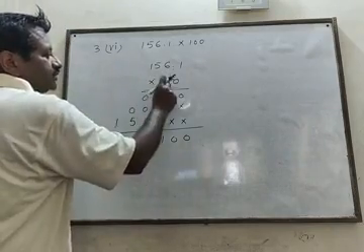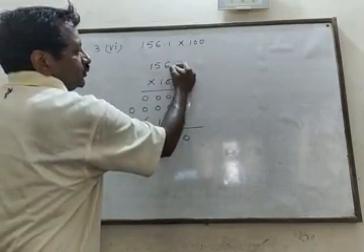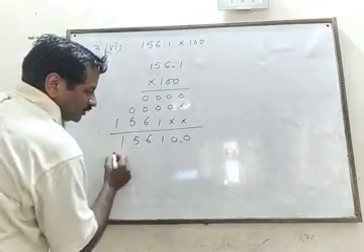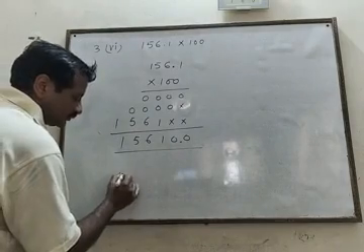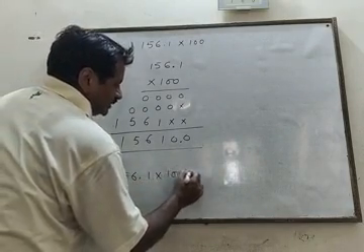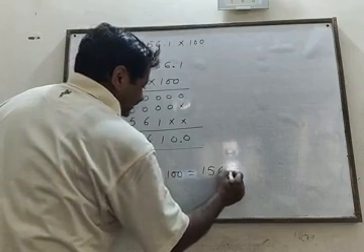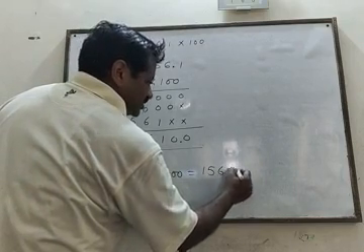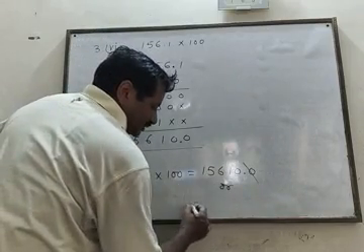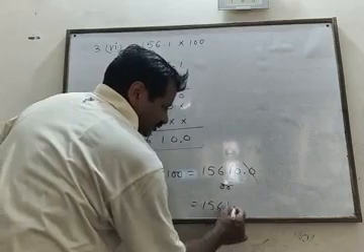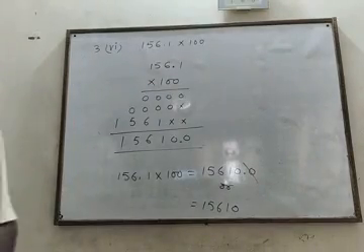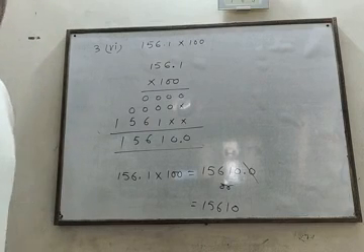Now see, after the decimal there is only one digit, so one digit before we will put the decimal. So 156.1 multiply 100 is equal to 15610.0. Remove this 0, or we can write 15610, because after the decimal we can remove as well as we can put as many zeros as we require.